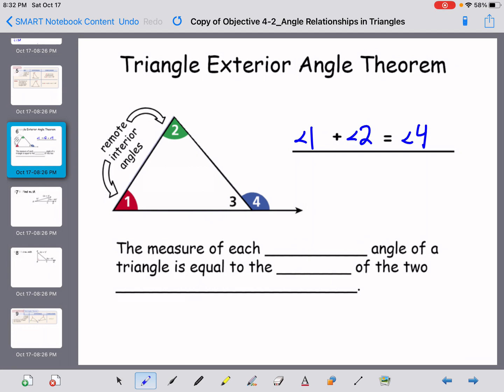So, the measure of each exterior angle of a triangle is equal to the sum of the two, and these are called remote interior angles.